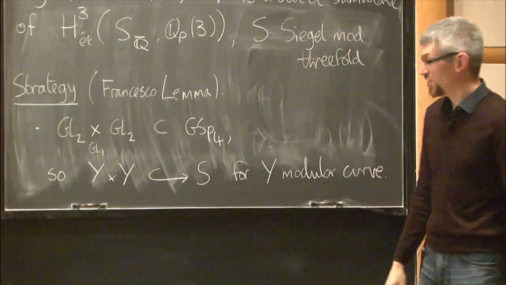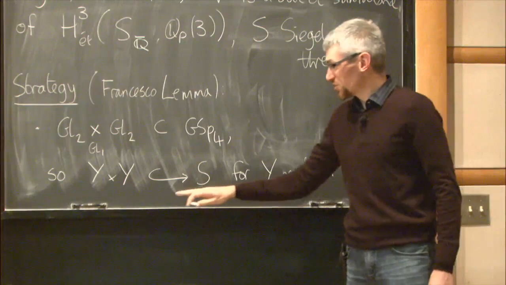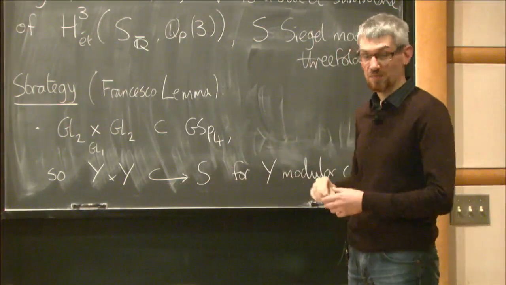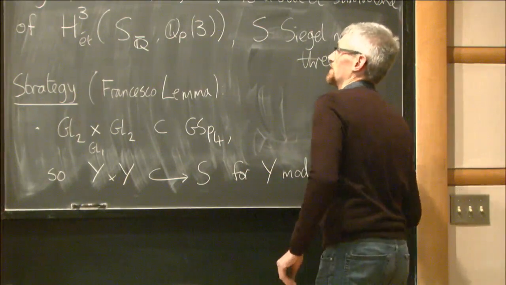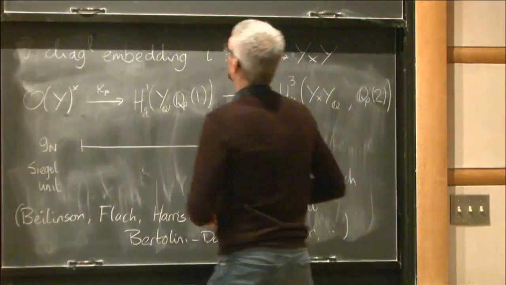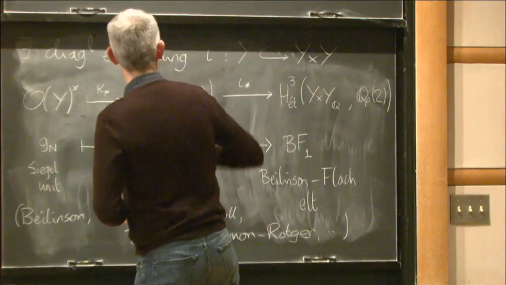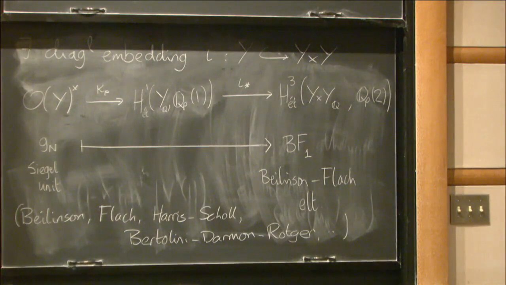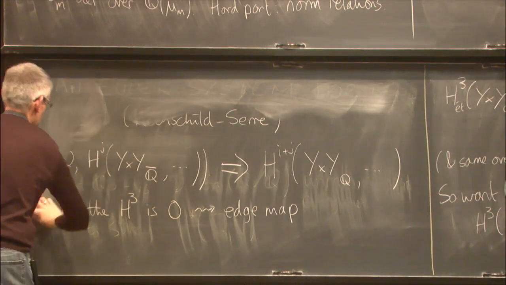And if your levels are chosen nice enough, what you're seeing is the product of two modular curves embedding as a subvariety of S. And let me call this embedding iota, because this is going to play the same role as the diagonal embedding in the theory of Beilinson-Flach elements.